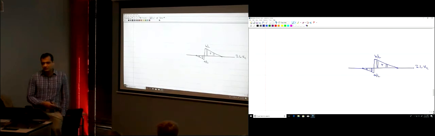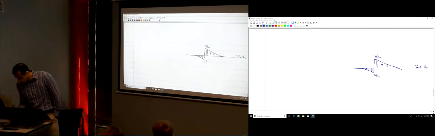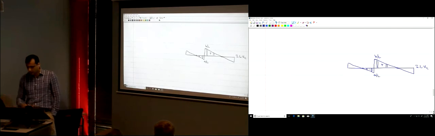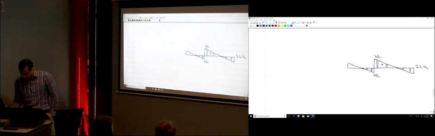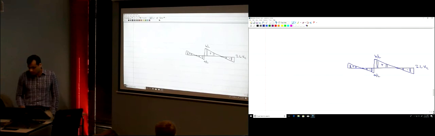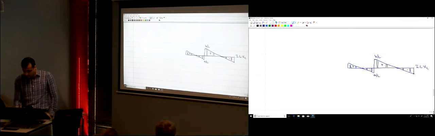Just extend it, okay? So I'm just going to extend this line and extend this line here. So that's going to be negative and that's going to be positive over here, okay? And definitely you can find those heights.